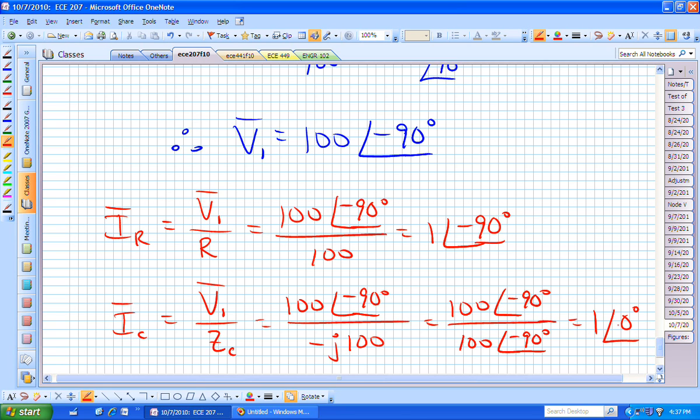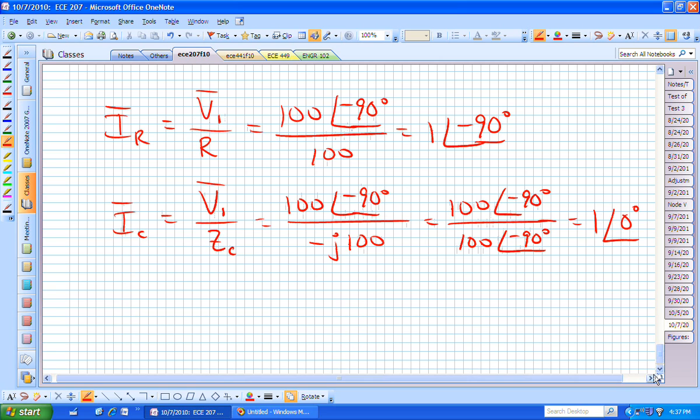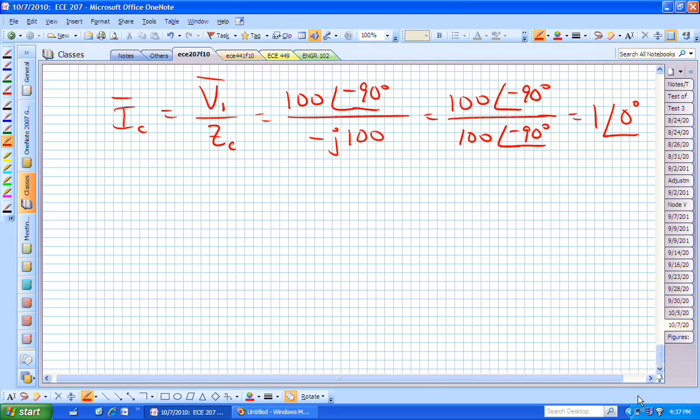If you want to explicitly keep track of that angle, that's now 1 at 0 degrees. That's saying the capacitor current has a magnitude of 1 and is in phase with the supply voltage. It's interconnected, and that's why it can be in phase, because there's an inductor in that circuit as well as a resistor. In this case, the resistor current is 90 degrees behind the supply voltage.